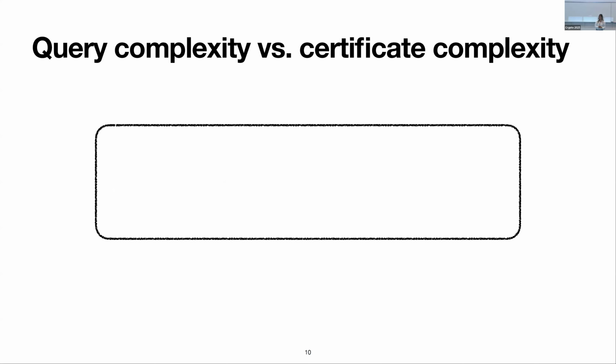So what are those? First, when talking about query complexity and certificate complexity, we need to talk about Boolean functions. In particular, for simplicity, we consider Boolean decision problems. Function g that takes an n-bit input and gives me a decision bit 0 or 1.